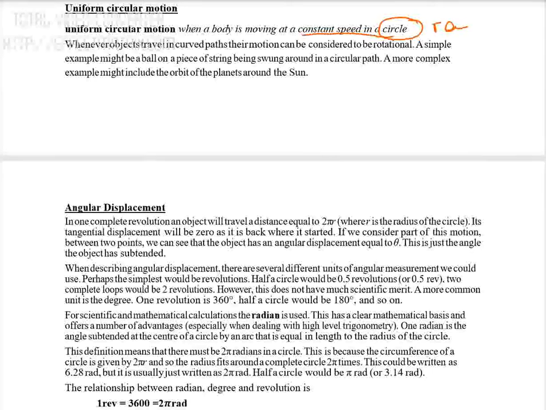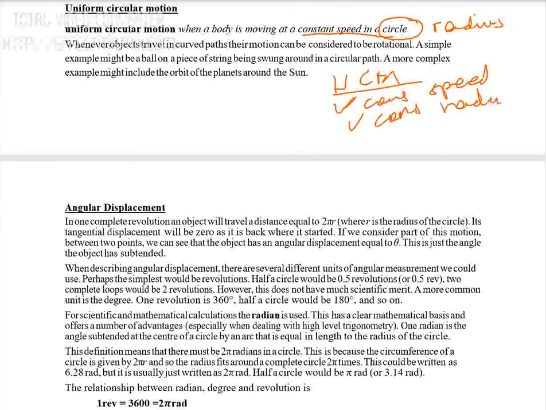There is what? Radius is also constant. Therefore, when we say uniform circular motion, it has what? Constant speed, and constant what? Radius.